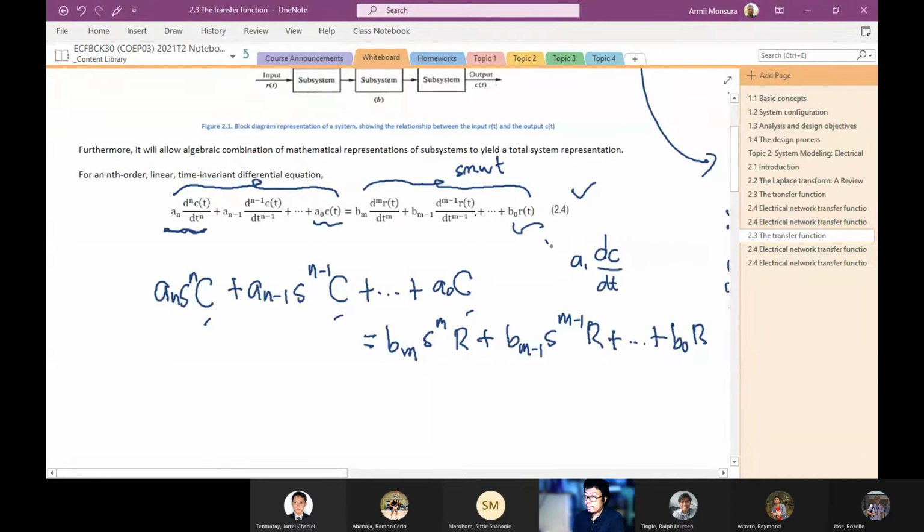Na kapag kinuha nyo yung Laplace transform niyan, should have been a sub 1 times s times C. Yan yung term preceding this term. So makikita nyo, meron pa rin yung function na C.